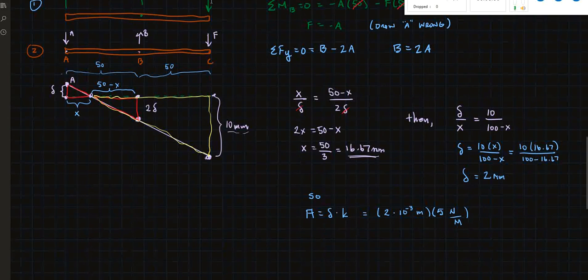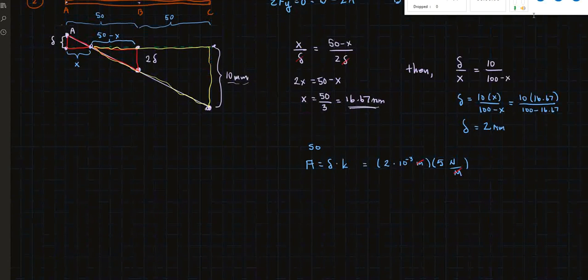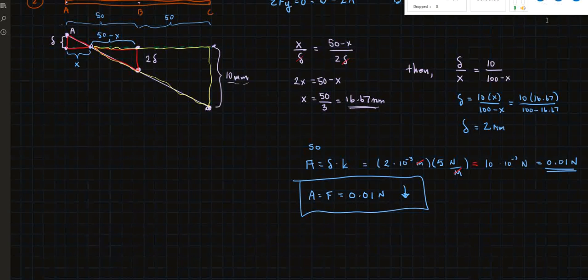So our meters cancel. We're going to end up in newtons. So 10 times 10 to the minus 3 newtons equals 0.01 newtons. That equals A, which equals F, which is our answer, 0.01 newtons.